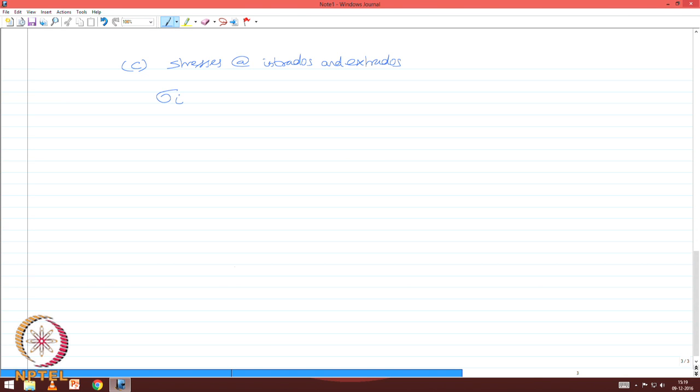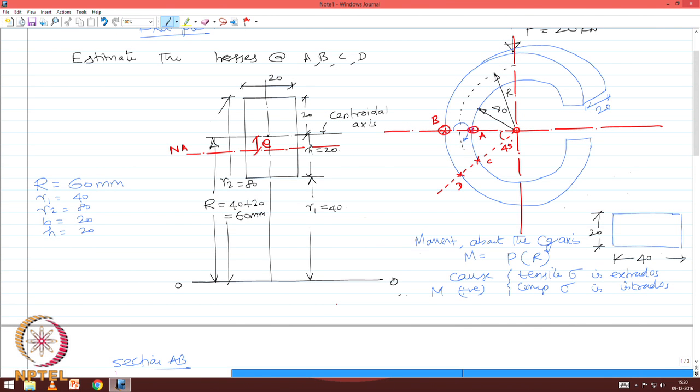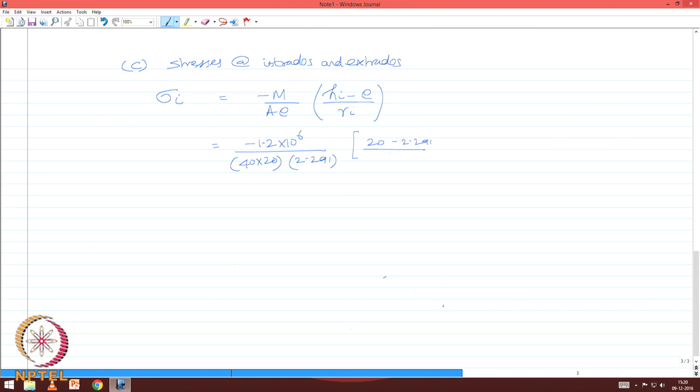The general expression: sigma i at intrados is minus M by A E into h_i minus E by r_i, which is minus 1.2 into 10 power 6 by 40 into 20 into E is 2.291, which we just now calculated, multiplied by 20 minus 2.291. You see h is 20 by 40.